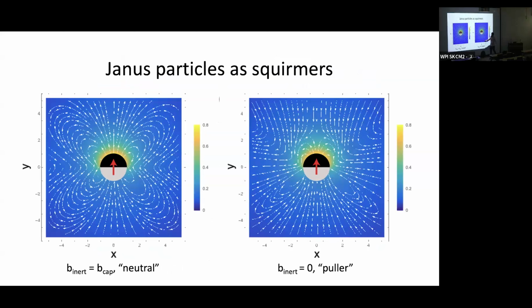So it's like a neutral squirmer, not biased between the front and the back. On this side, I only allow the cap to have a slip velocity, to have an interfacial pumping. And you see this looks a lot like a pooler. Quality is not so good, but you see that we have fluid being pulled in to the front and ejected from the sides, like with the pooler squirmer we saw already.